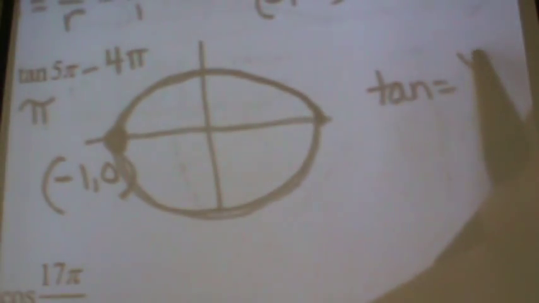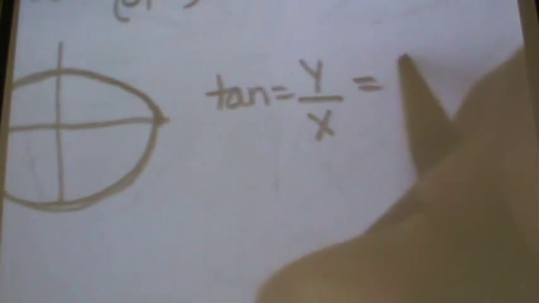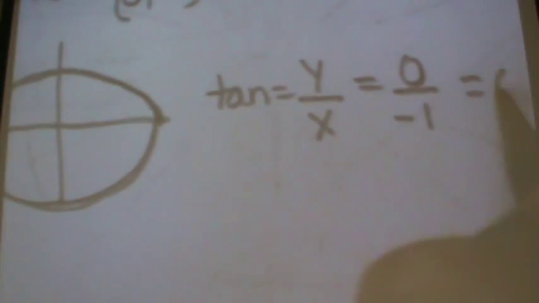So in other words, if I would have subtracted 4 pi, pi is coterminal to 5 pi. So what is this spot right here? This is negative 1, 0. And tangent is y over x. The y value is 0. The x value is negative 1. What's 0 over negative 1? It is also 0.